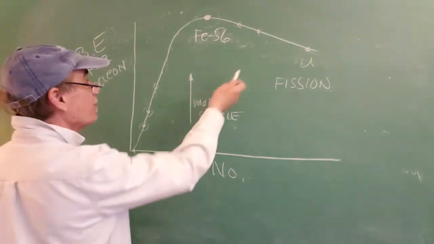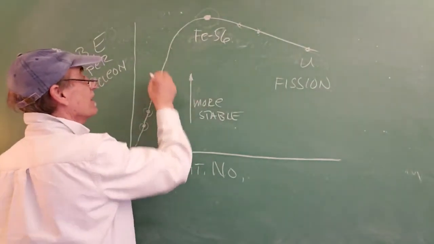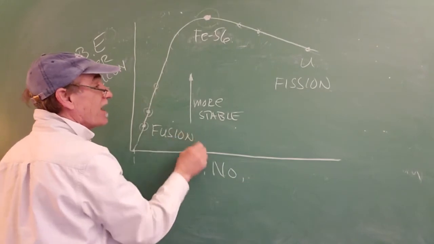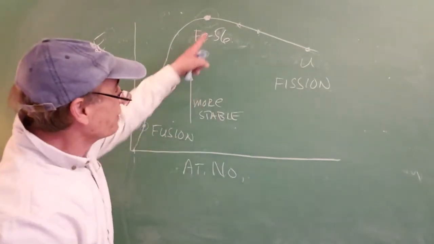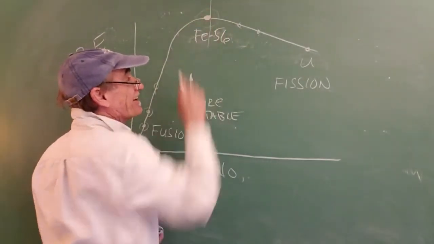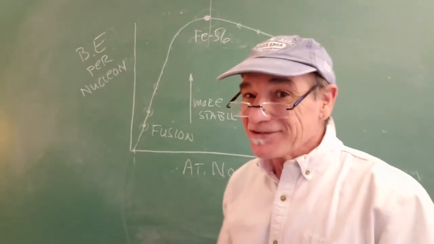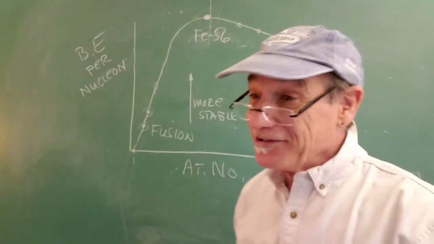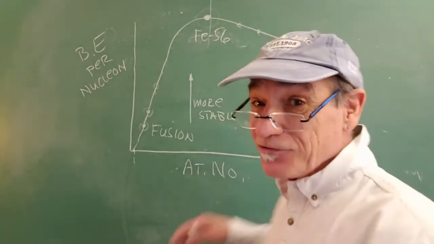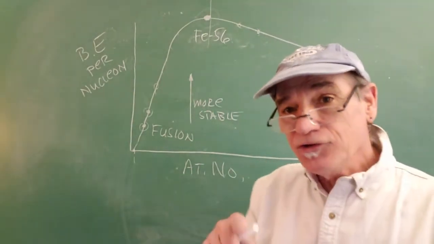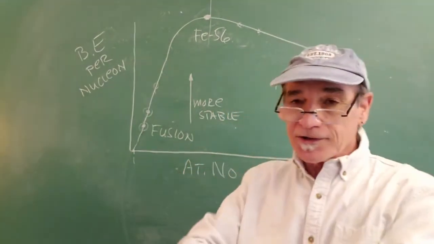So anybody on this side of iron-56 is a good candidate for fusion reactions, not fission. And the dividing point comes right there at iron-56. Although iron-56 itself is not very notable, it does mark that division between fissionable material and fusible material. Now I do want to show you a few of the reactions here.